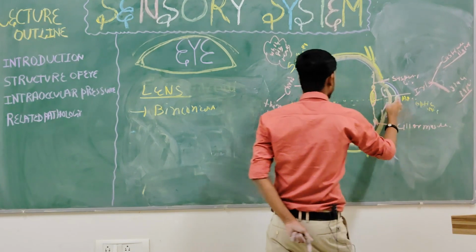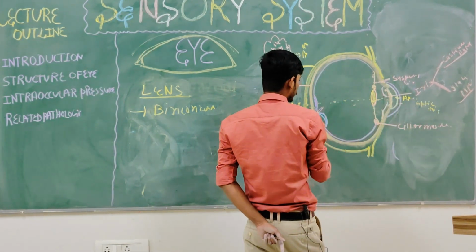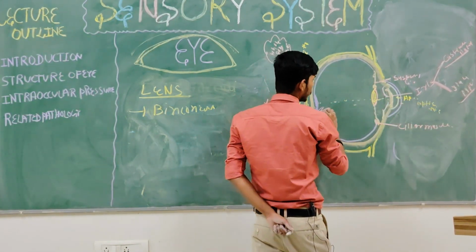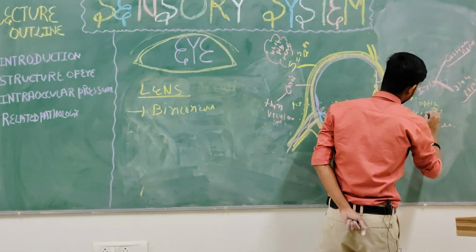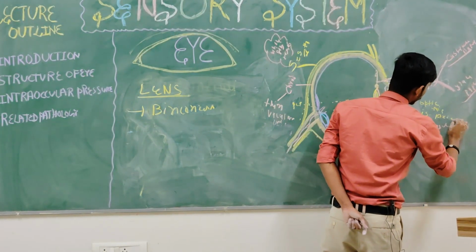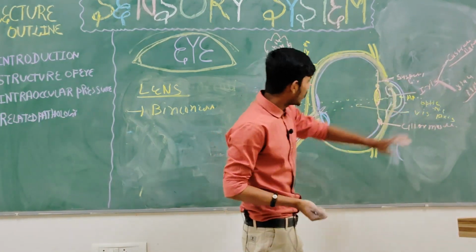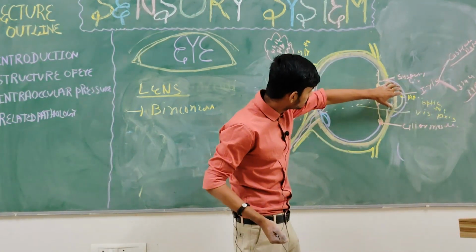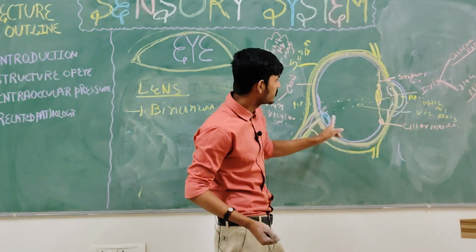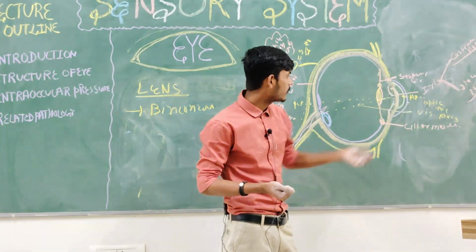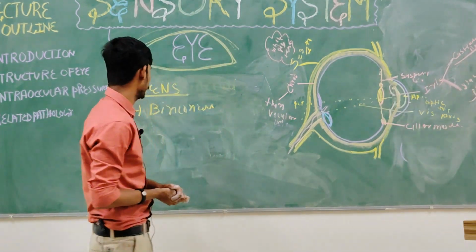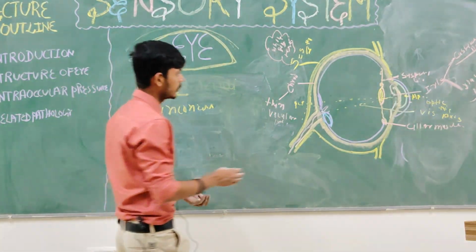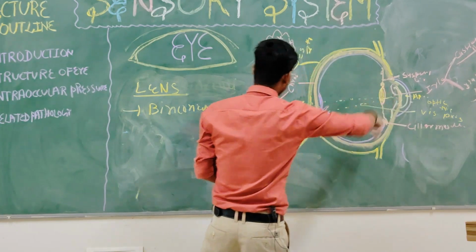The line which joins the anterior pole with the macula lutea is called the visual axis. When rays come via the visual axis, there is image formation, and when they come along the optic axis, there is no image formation, and they fall onto the lens.